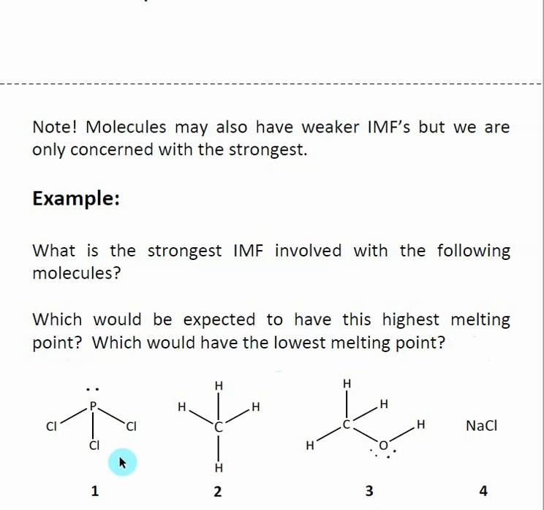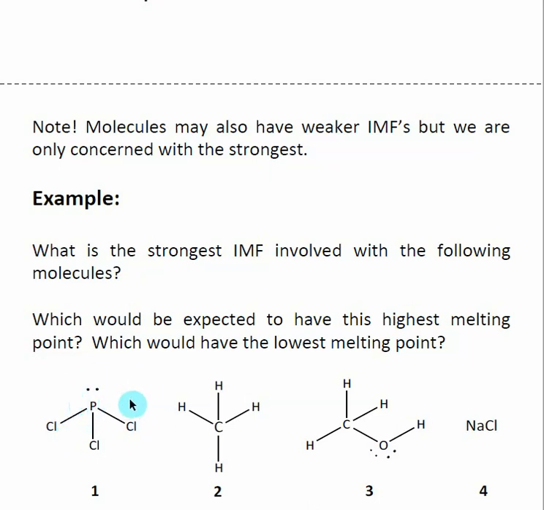For this first molecule, I start at the top. Is it ionic? Is there a metal bonded to a non-metal? No. Is it hydrogen bonding? Does it have HF, HO, or HN? No. Is the molecule polar? When I look at it, I see that this is a tetrahedral molecule where the substituents are not all the same. That means this molecule is going to be polar.